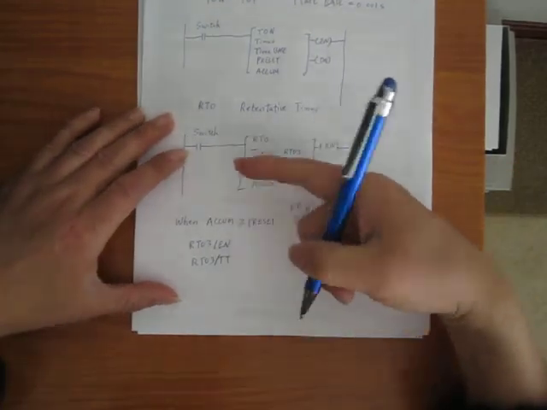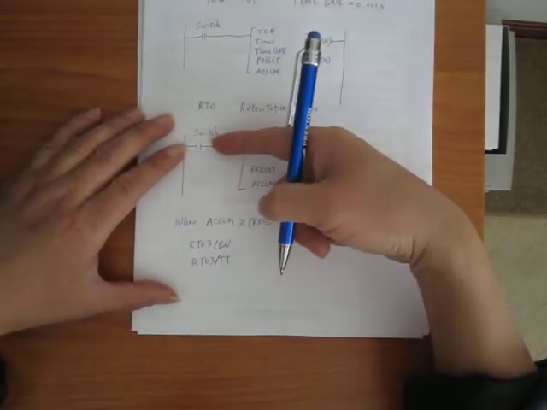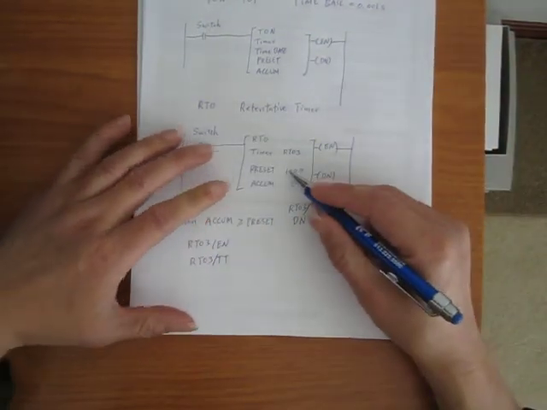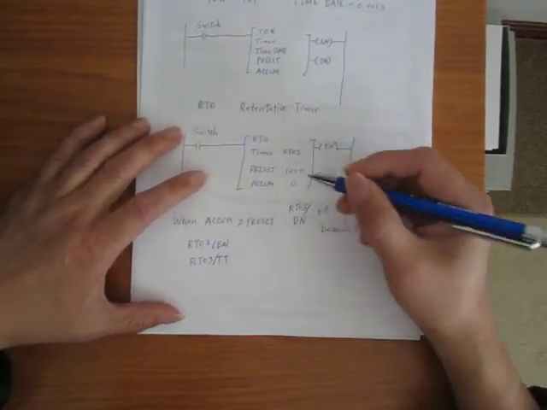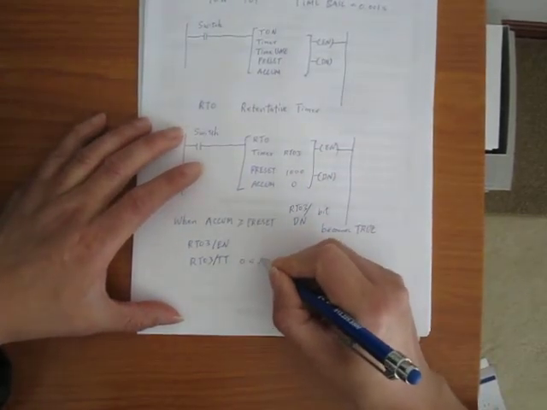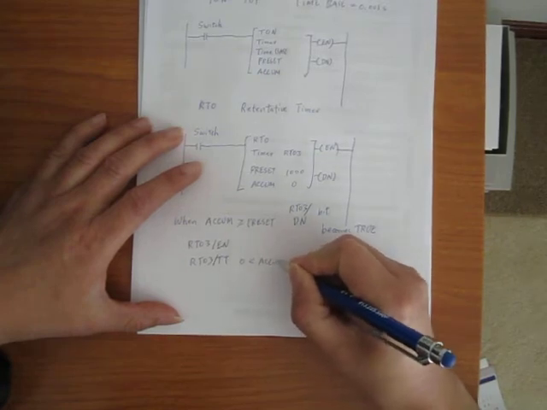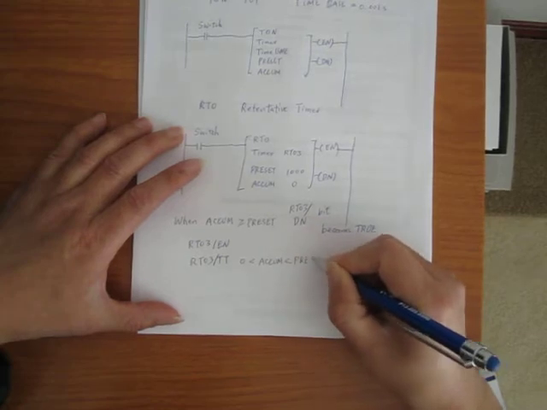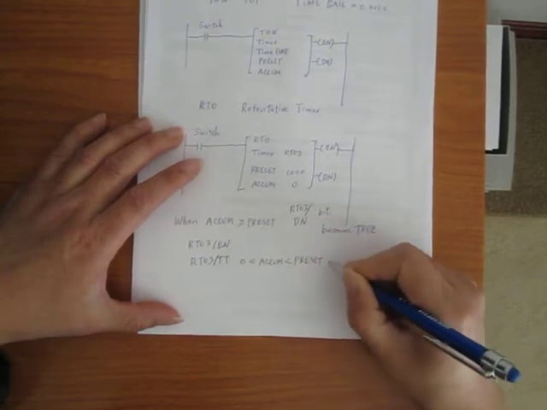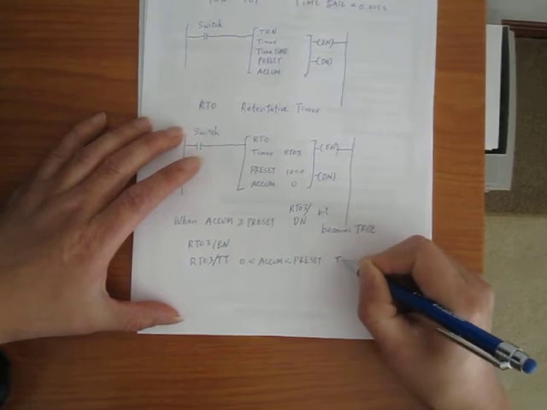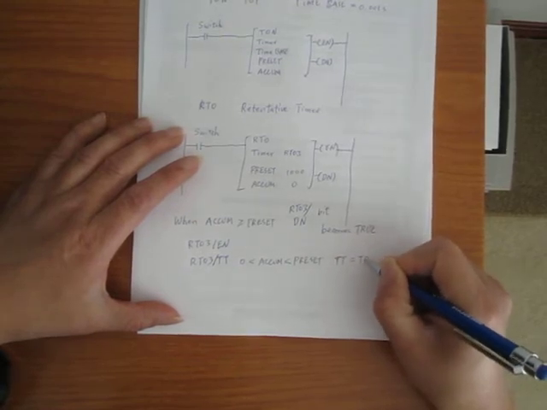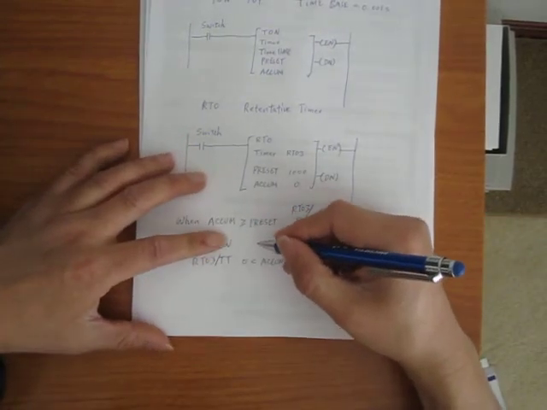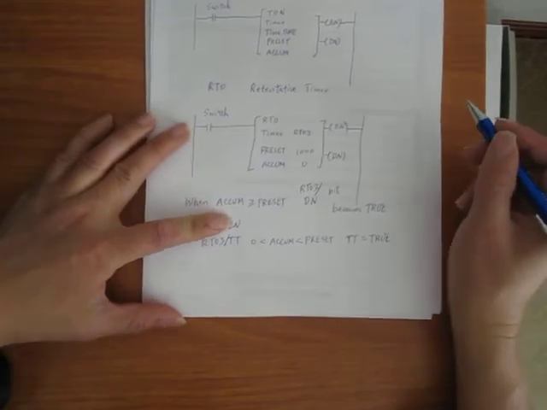TT will be true as long as the switch is true, and as long as the accum is less than the preset. Thus TT is equal to 1. And this EN, as long as the switch is on, this EN will be on.